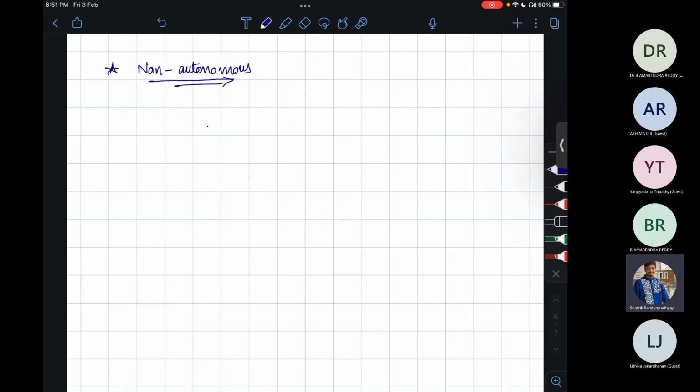Sir may have covered this very simple system, x dot is equal to x by t plus 1. Did sir mention this system anywhere? A simple yes or no would suffice. No, sir. No, okay.